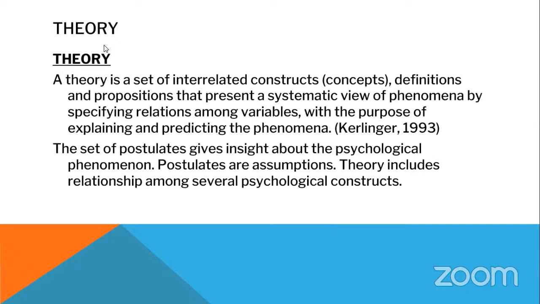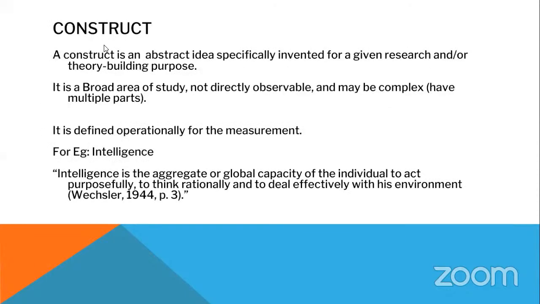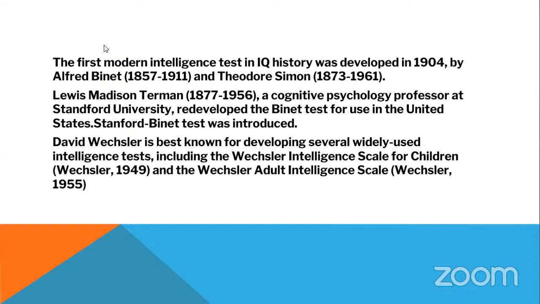Ma'am, can you once again explain the difference between a construct and a concept? Yeah, sure. A construct is, for example, intelligence, which we define here as a broad area. You can see the definition here. So we see intelligence in a construct way, as a wide area. But when it comes to a concept, we study intelligence in depth.